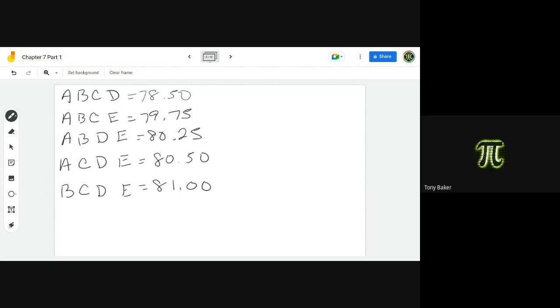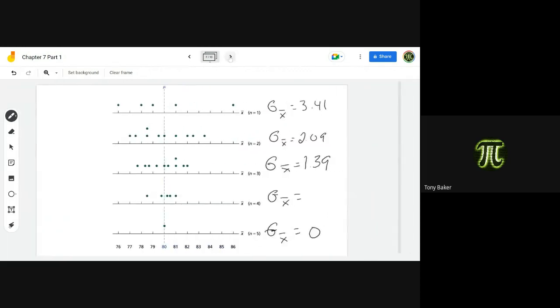Smaller, because it's more compressed, right? What did we get? 0.85.